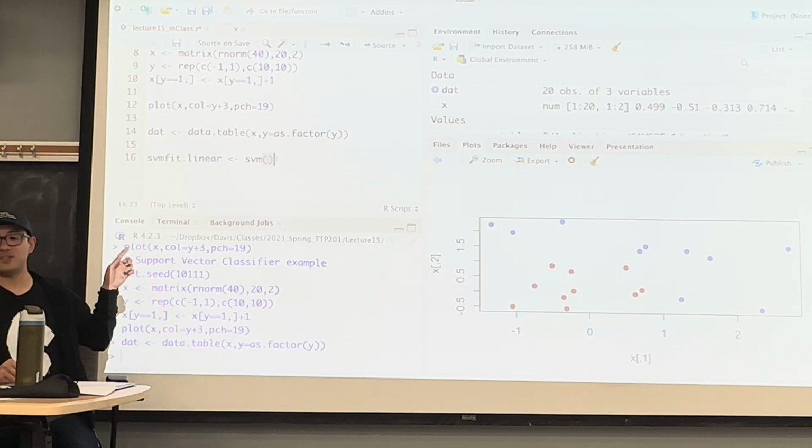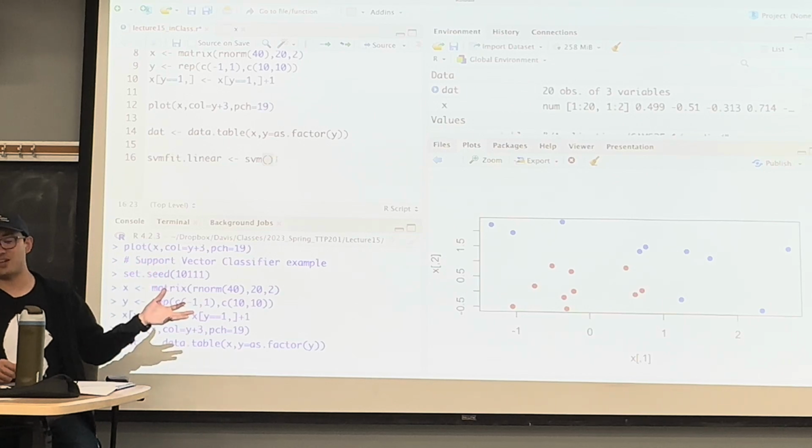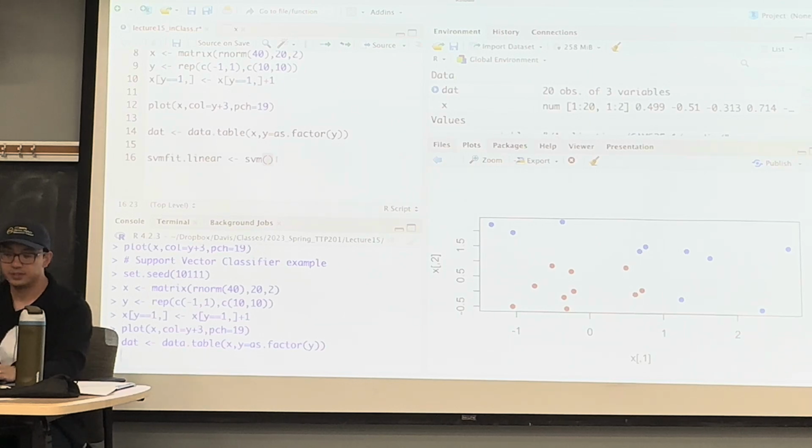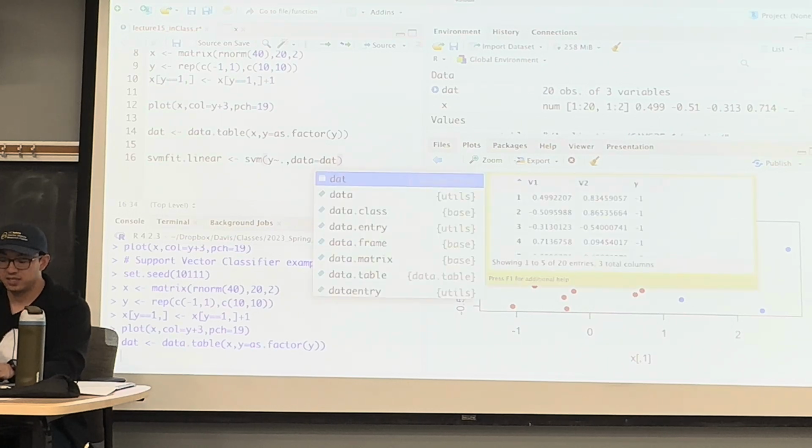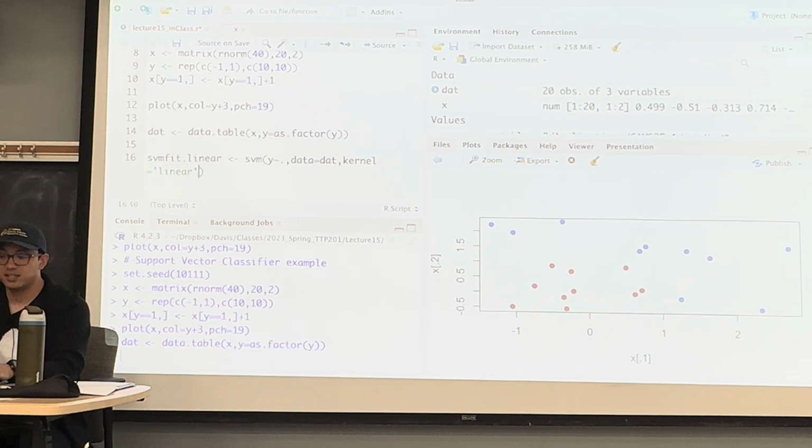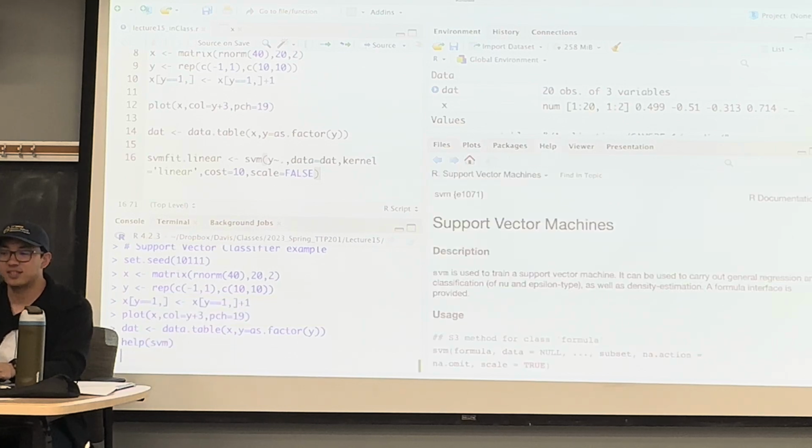So we use a function called svm, and we specify that we want to use a linear kernel. There are different options for the kernel in the svm function, and we'll look at different kernels in just a second. So kernel equals linear. There's something called cost, and I'm totally blanking on what the cost is, so let me check.